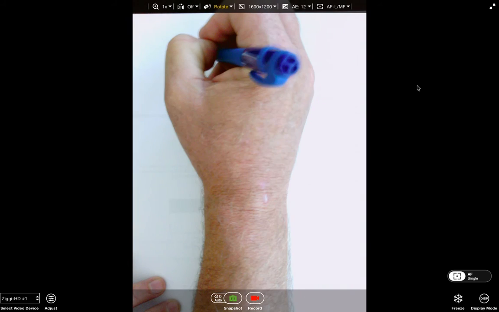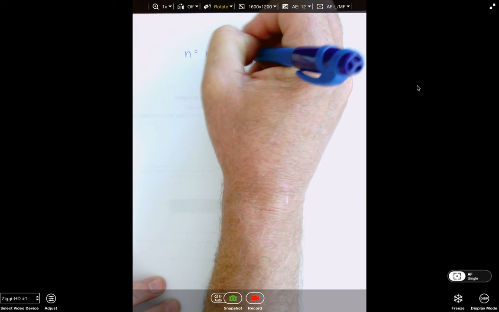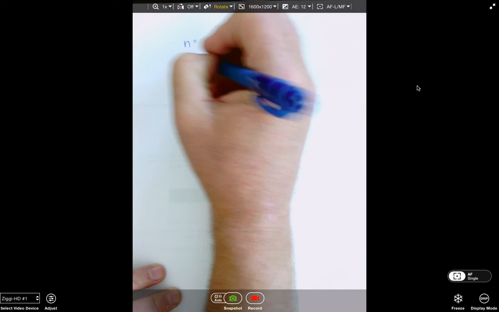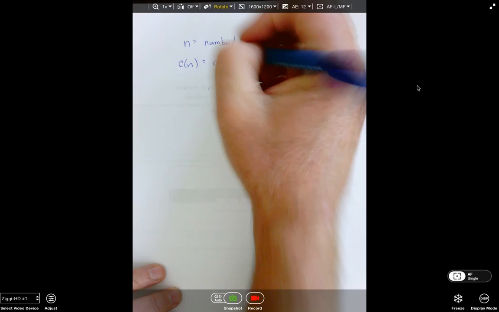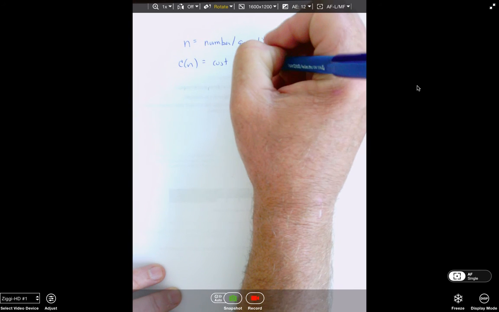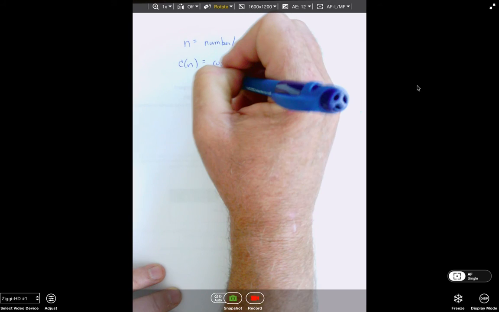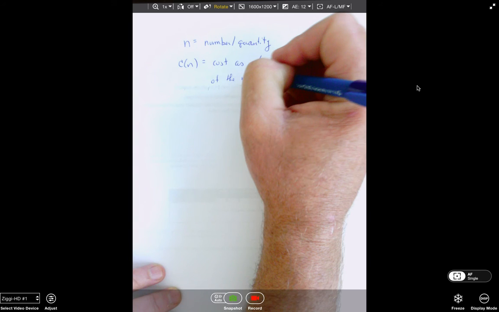So we are setting up where n is the number or the quantity, and C of n is the cost as a function of the number or the quantity.